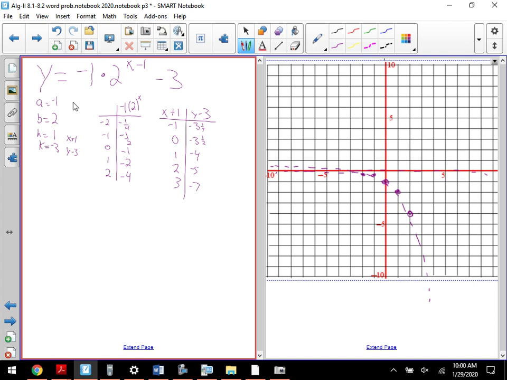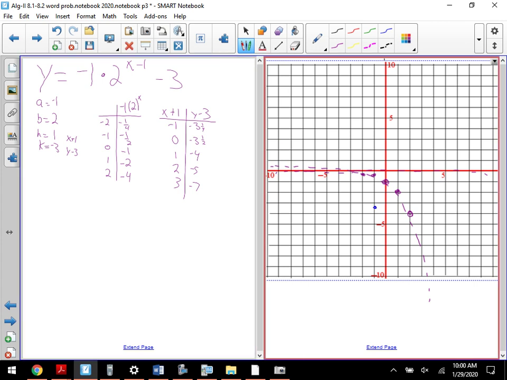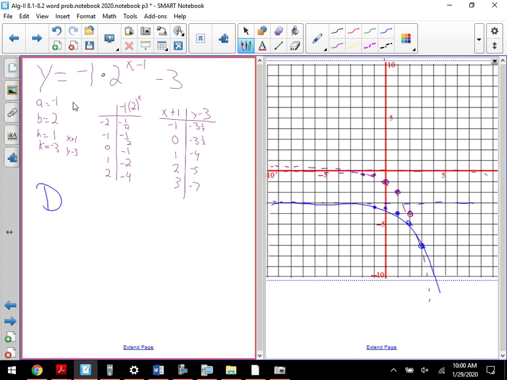Negative 3 1/4. 1, 2, 3 1/4-ish. 3 1/2-ish. 6 and 7, right? Yeah. Domain all real. Range y less than negative 3.